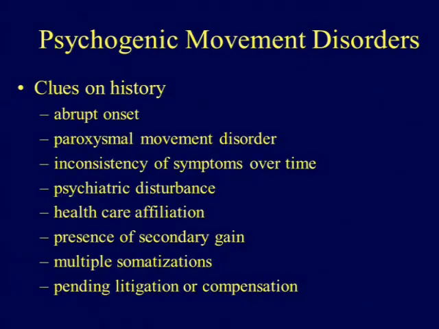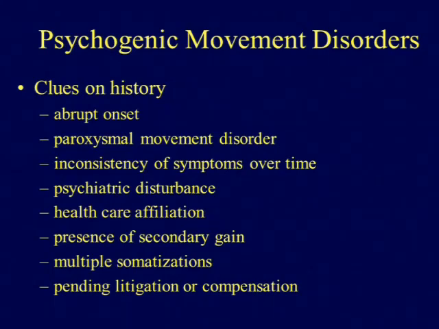But here are some of the things on history that you want to ask about. You want to see if the onset was abrupt. That usually is a clue. A paroxysmal movement disorder that comes and goes, and inconsistency of symptoms over time. This is a key thing: when they do something for you while you're not looking at them, and then all of a sudden they can't do it when you ask them to.